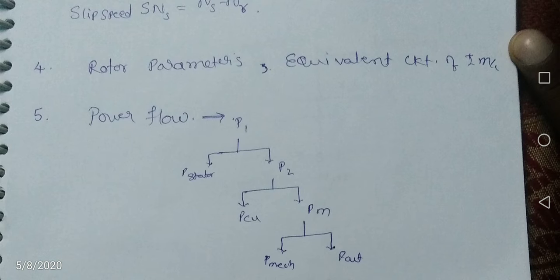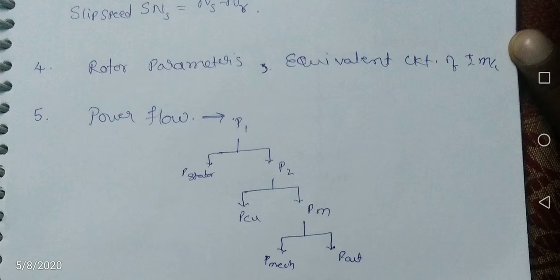So the stator output power is the input to the rotor. Stator output power is input to the rotor. In the rotor, the power is wasted in the form of copper losses.